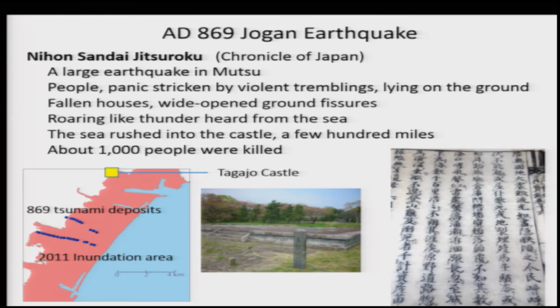Along with that, the teams which carried out research in that region also did paleo tsunami studies and identified the limits of the 869 Jogan Tsunami, and compared them with the inundation collected after the 2011 tsunami.